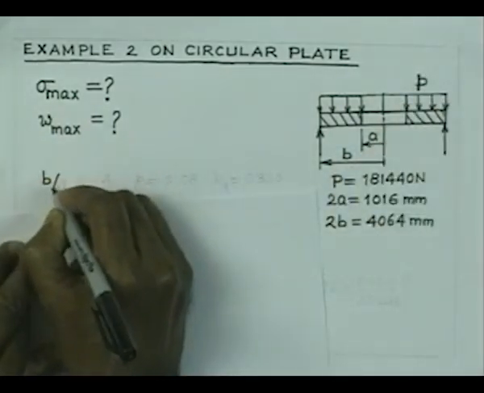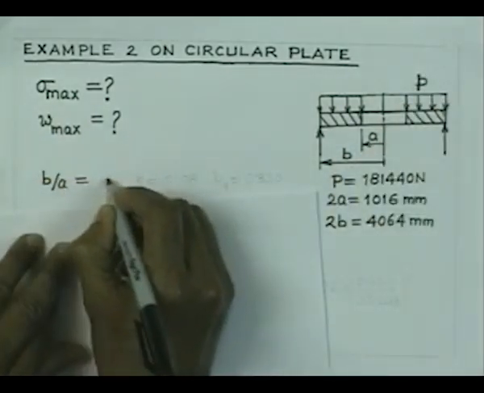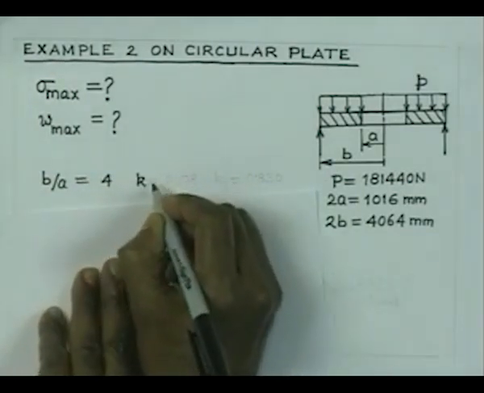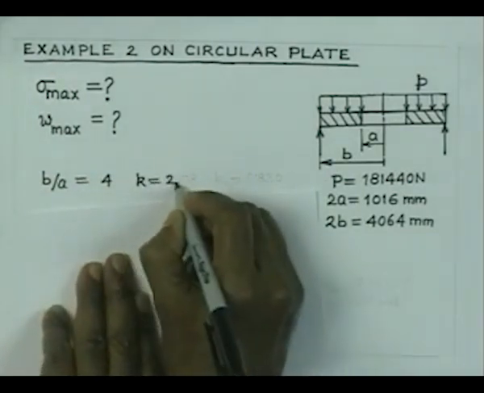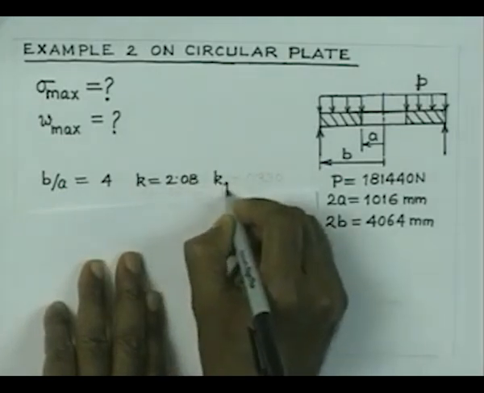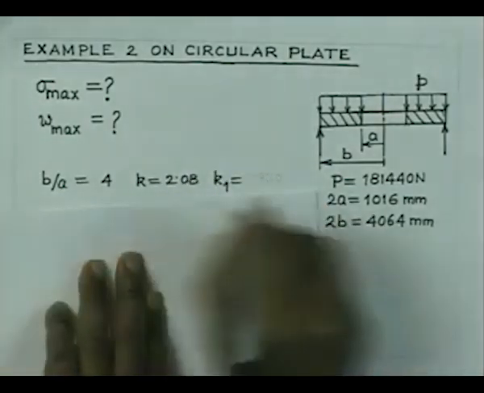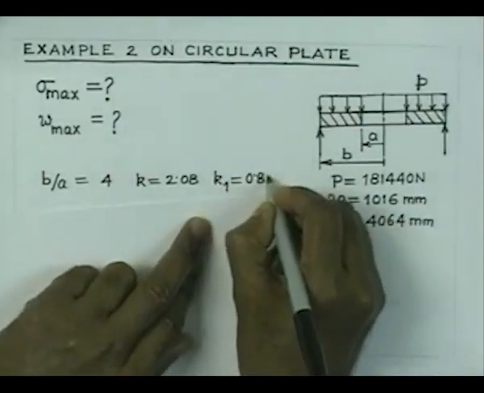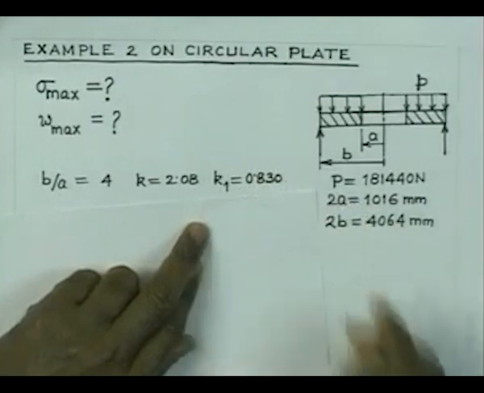So, therefore, this is B by A is equal to 4, and therefore, consulting the table we get the constant K as 2.08, and similarly the other constant which is associated is 0.830.